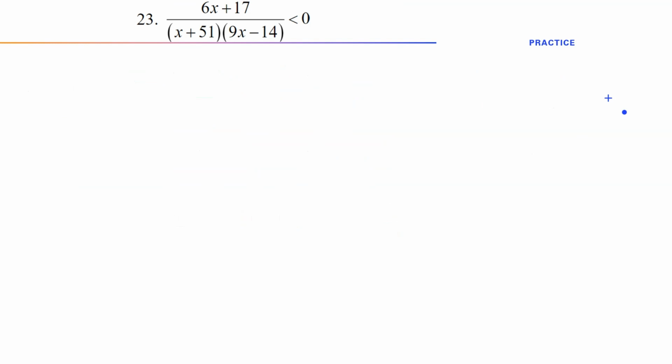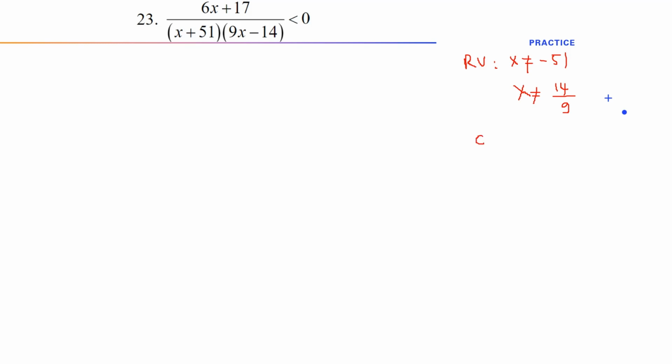Right, number 23 is similar. We have the restricted values: x is different from negative 51, x is different from 14 over 9.